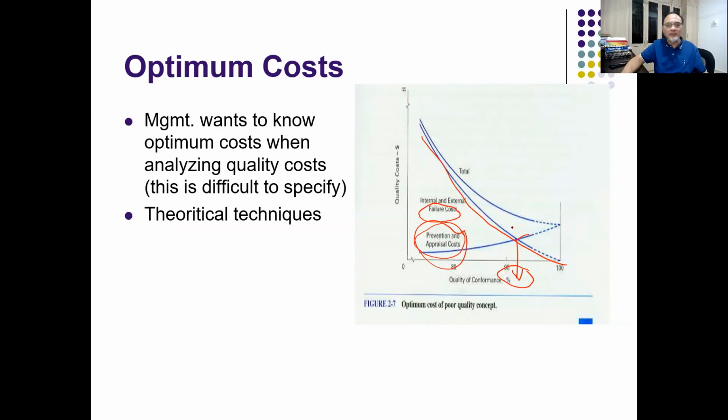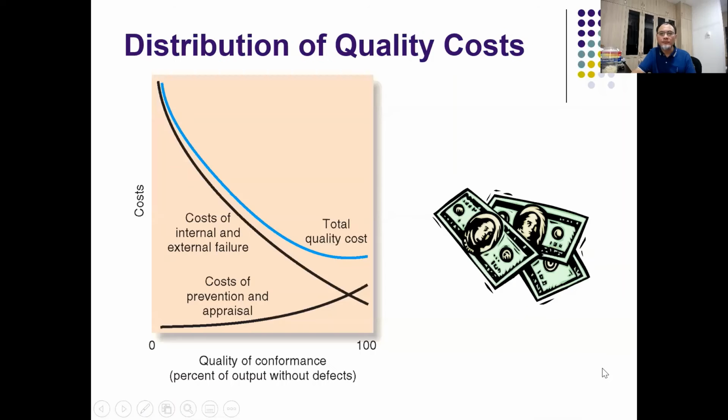Of course, it's something that is difficult to specify. It's a theoretical technique. Okay, so the top curve is actually the total cost line. In this case, it's around 92%, 95%. So this is also another way of looking at the total quality cost.